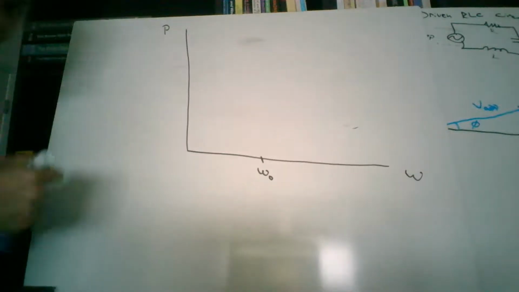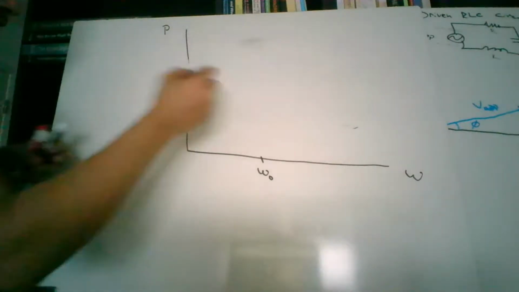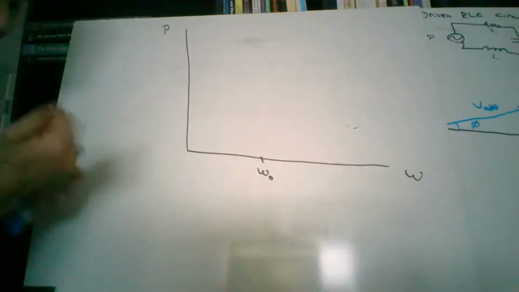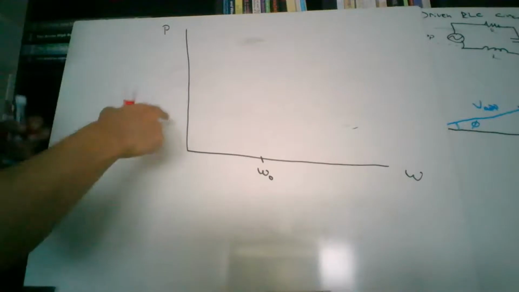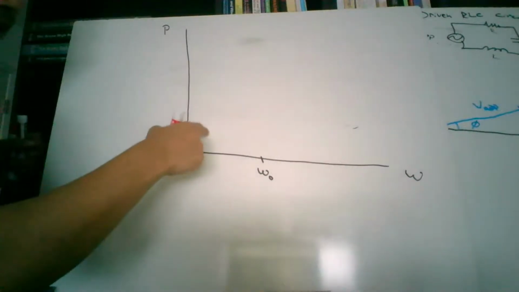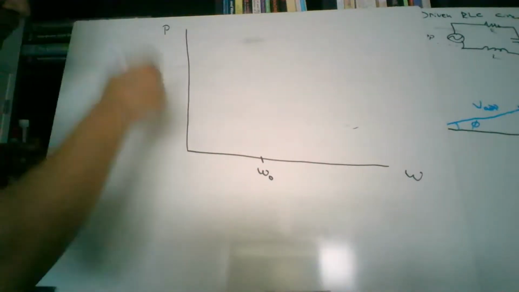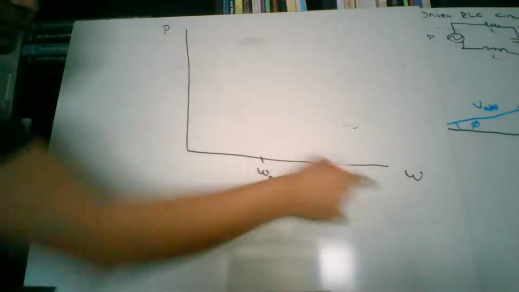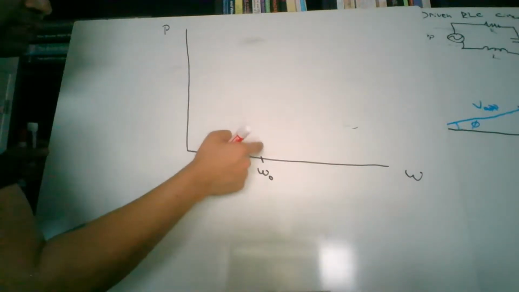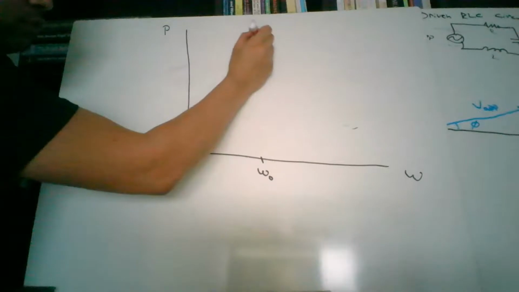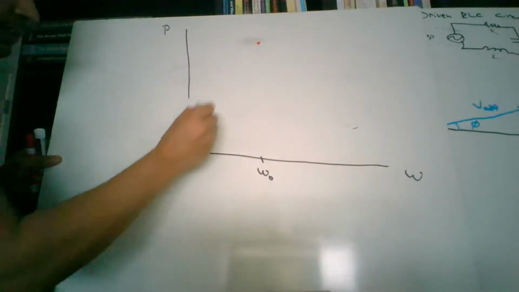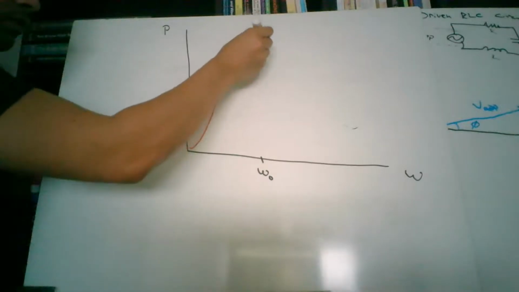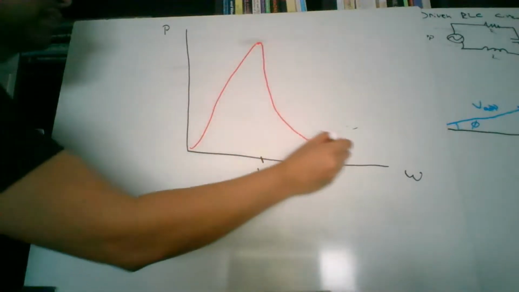If you plotted the power versus the angular frequency, when you get to the natural frequency, you will reach its peak value. And so you'll get something that looks like this. And then it comes right down again.